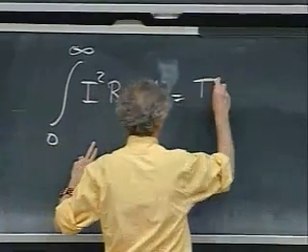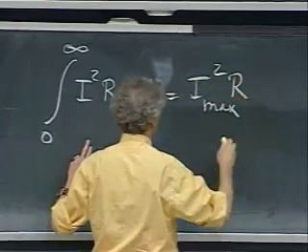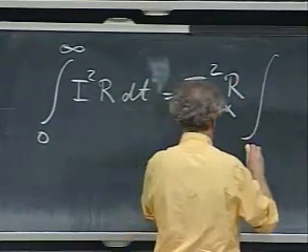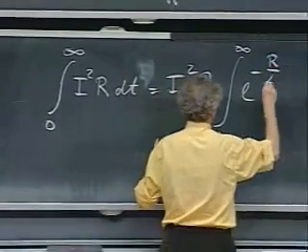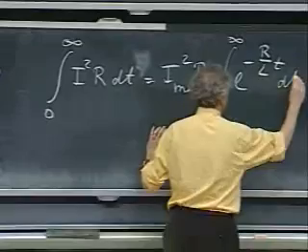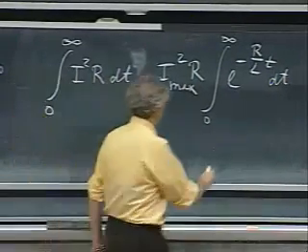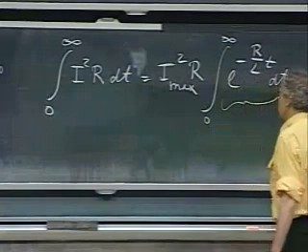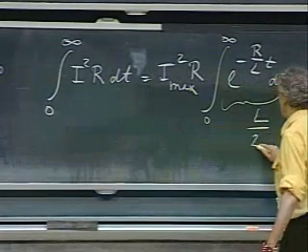So I can bring I max outside, and I can bring the resistance outside, and then I get the integral from 0 to infinity of e to the minus R over L times t dt. And this is a trivial integral. This integral is L divided by 2R.